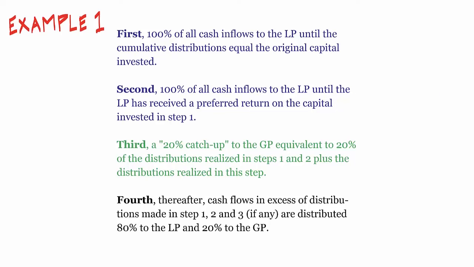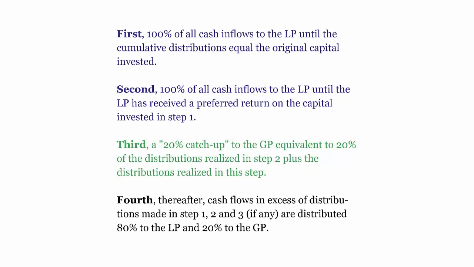And this is the first catch-up example we just explored. And now we're going to make a small change for the second example. The change in the second example comes in the third step. None of the other language here has changed.